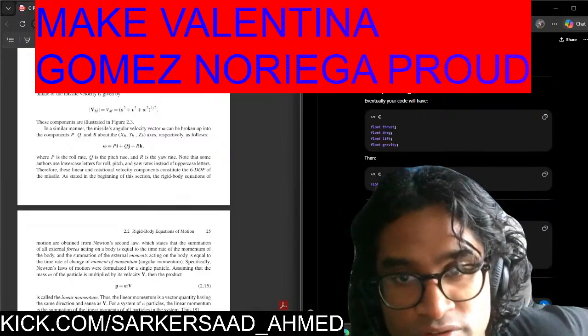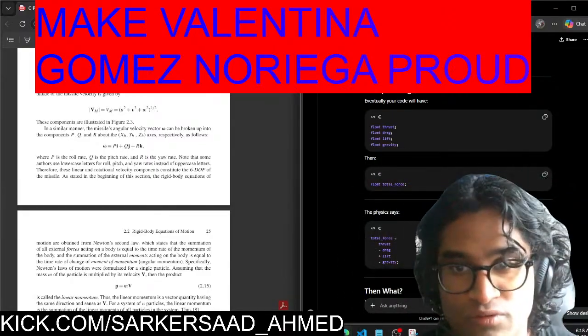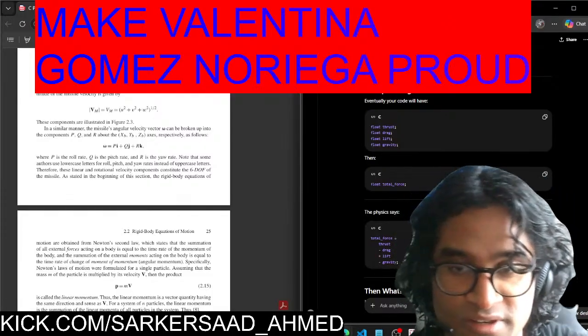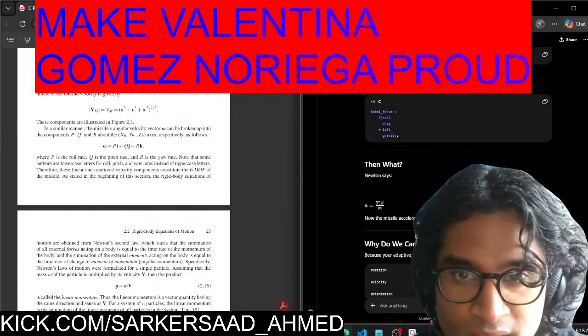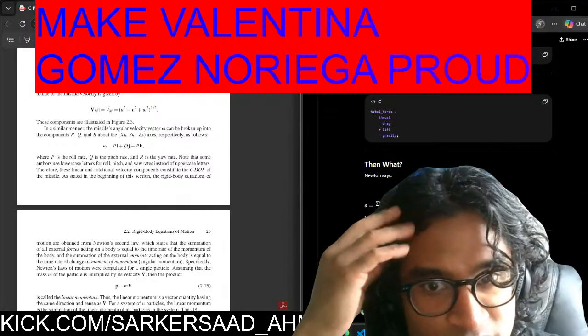So we're going to have float of thrust, float of drag, float of lift, float of gravity, and then float of total force. So therefore total force would be thrust minus drag plus lift minus gravity. And Newton says the acceleration will be summation of F, which is the force, divided by mass.